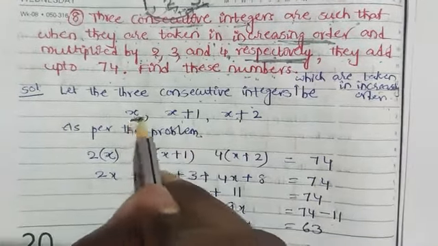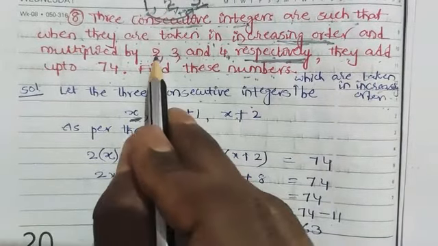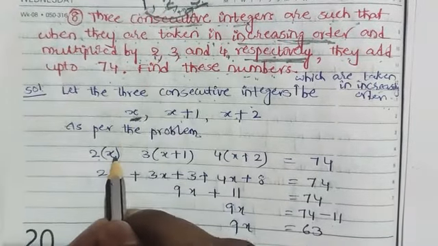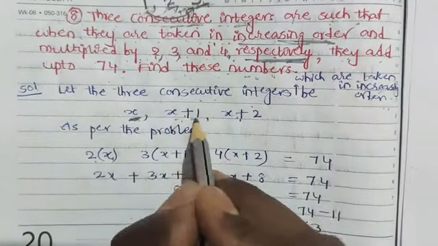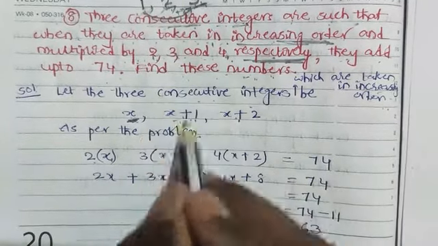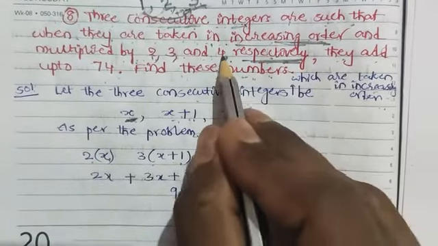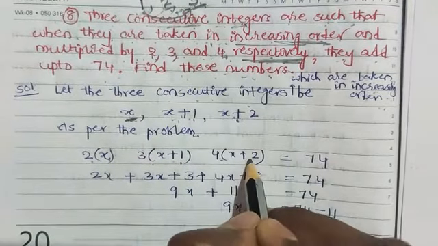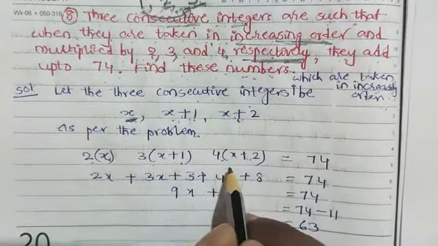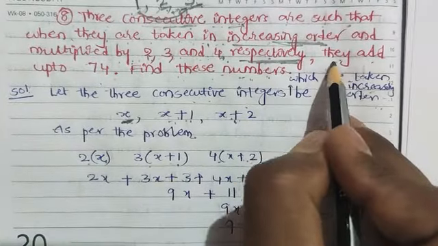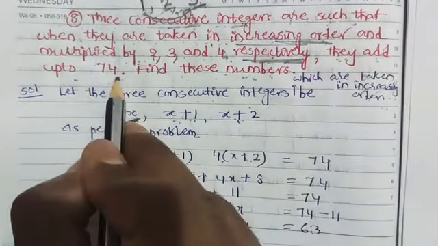So the first number is x, multiplied by 2, so 2 into x. The second number x plus 1 is multiplied by 3, so 3 into x plus 1. The third number x plus 2 is multiplied by 4, so 4 into x plus 2. Till now it is over. Coming to the question, they add up to 74.